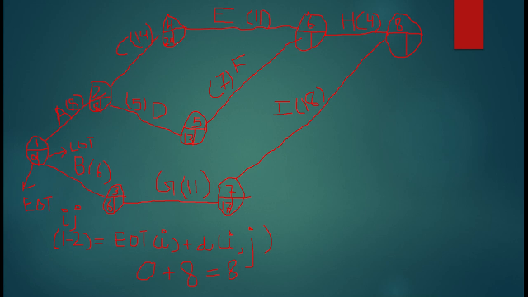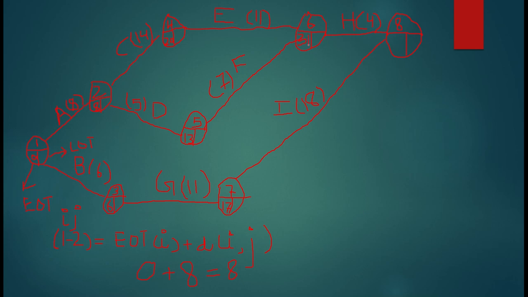For 4 to 6, 20 plus 11 is 31, and for 5 to 6, 13 plus 7 is 20. If I write 20, I still have to wait for 4 to 6 to complete. So I will pick the greater one, 31, even though the smaller one would leave me waiting for this activity.